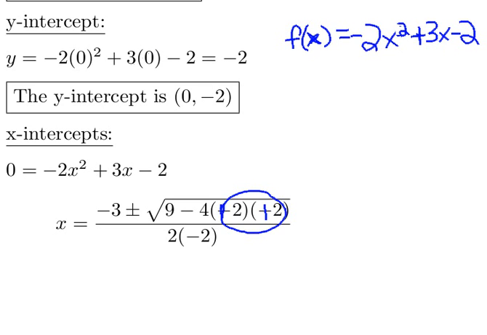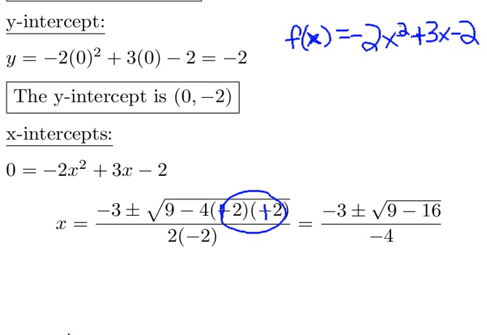So that means this is going to be equal to negative 3 plus or minus the square root of 9 minus 16, all over negative 4. 2 times negative 2 is negative 4. Now I'm going to rewrite just the 9 minus 16, because I don't want to go to the trouble of rewriting that entire thing.